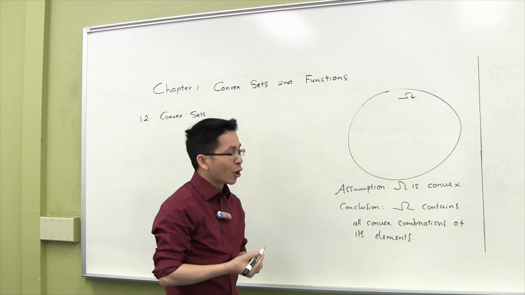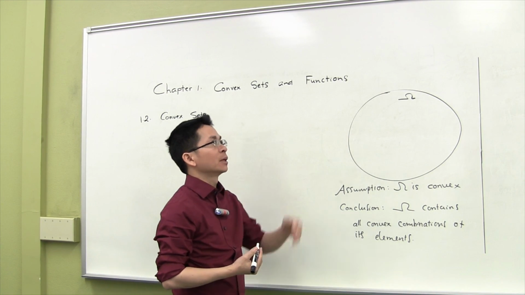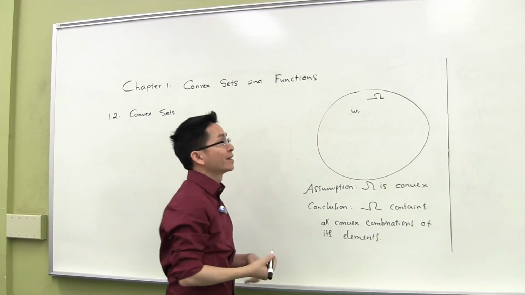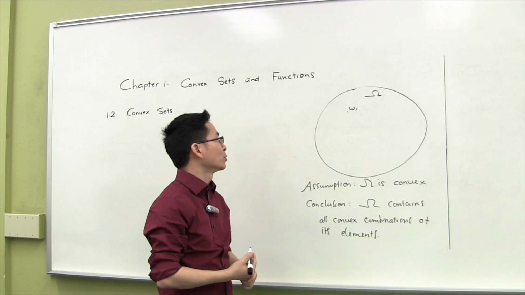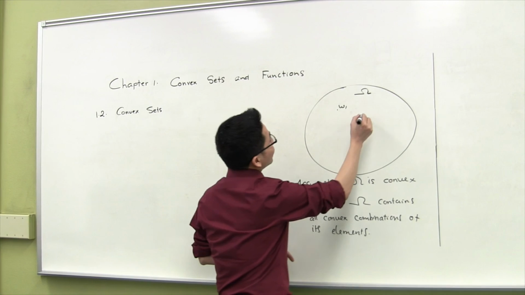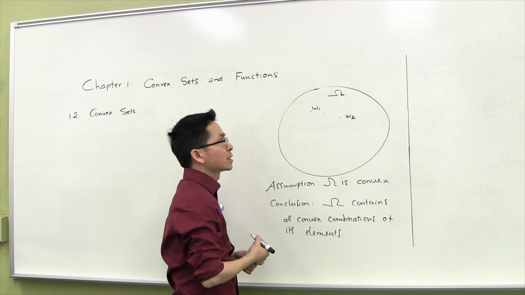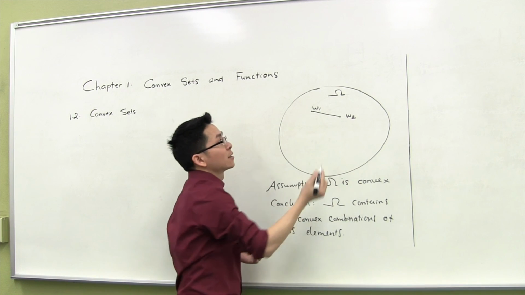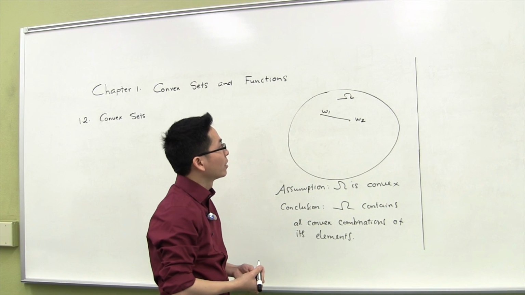As we saw earlier, this is very straightforward from this figure. If we take an element, for example, W1 in omega, the convex combination of one element of omega is just W1, so it is in omega. Now, if we take two elements, W1 and W2 in omega, and we form all convex combinations of W1 and W2, we're going to have this line segment. Then it is also a subset of omega by the definition of convexity for a set.